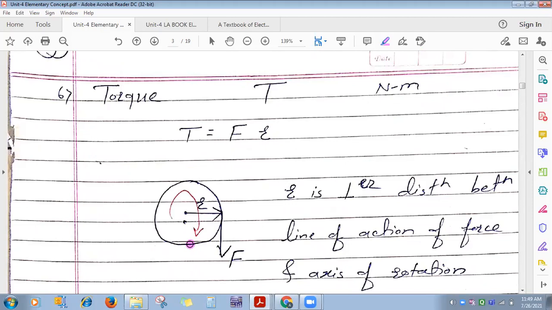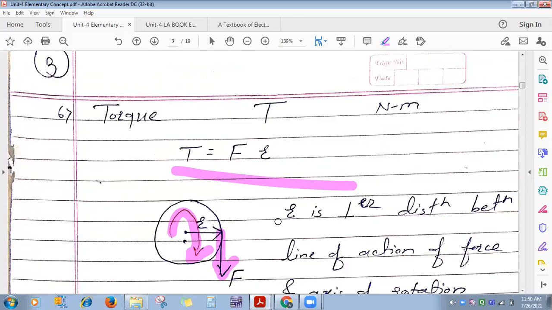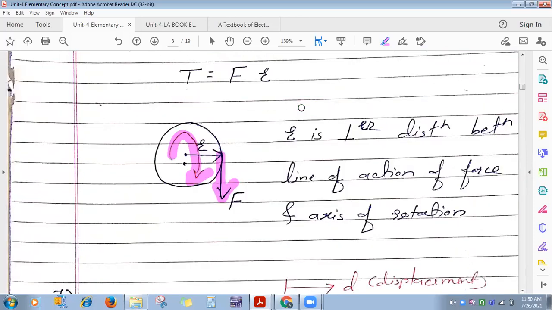Again, torque. It is denoted by capital T. Consider this one is a pulley of radius small r, and you are going to apply some force to it. Because of it, consider it is rotating in clockwise direction. So how can you define torque? It's force into radius, a product of force and distance.